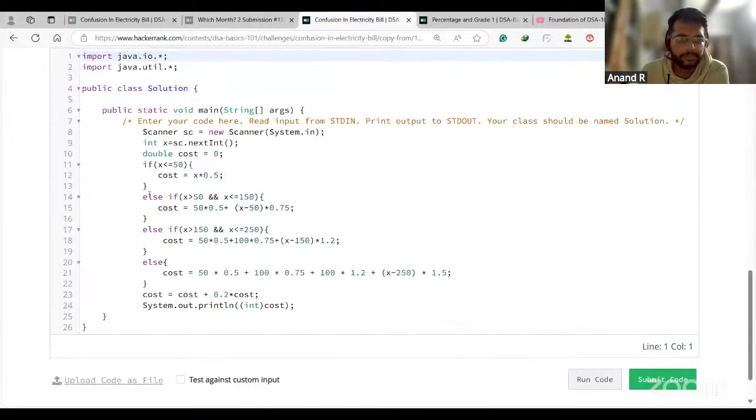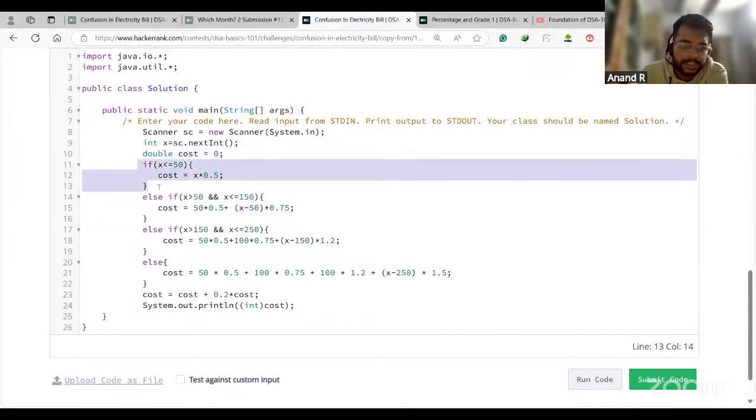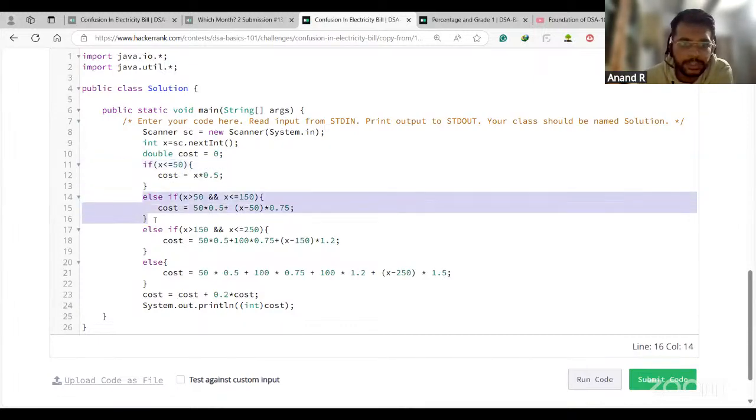Can you tell me when this else if will be executed? This else if will be executed whenever the value of x is greater than 50. Let's say the value of x is 49. For 49, the first if is true, so it will never go to the else if.